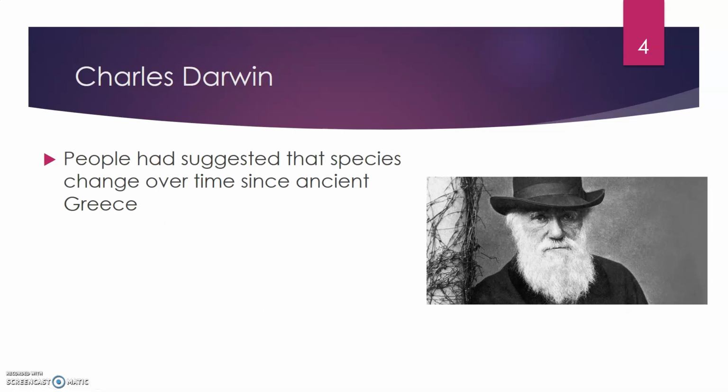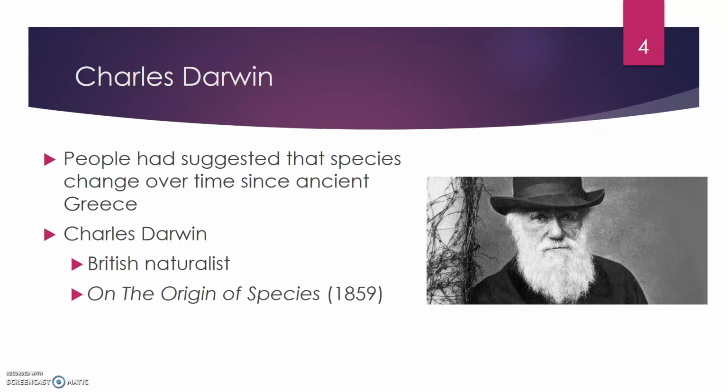And people have been noticing and suggesting that species change over time since ancient Greece. But the first person who really came up with a mechanism to explain how those changes occurred was Charles Darwin. You can see here this great picture on the right-hand side.